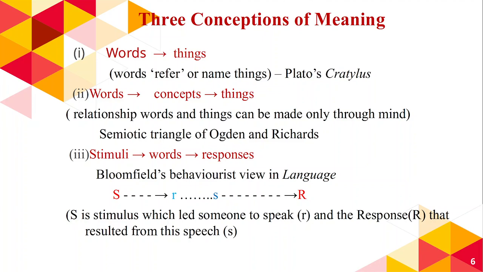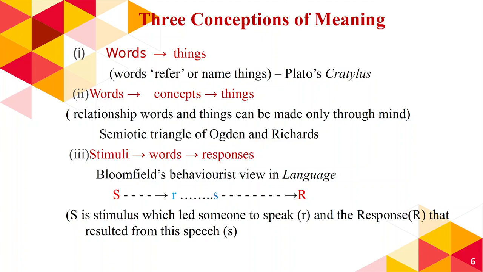But there are a larger number of words where it is not possible to see what things they refer to. For example, verbs like ask or find, or adjectives like difficult and popular, what things do they refer to? So they don't indicate things. In fact, there are a majority of words which seem unable to be related to things in a very clear way.